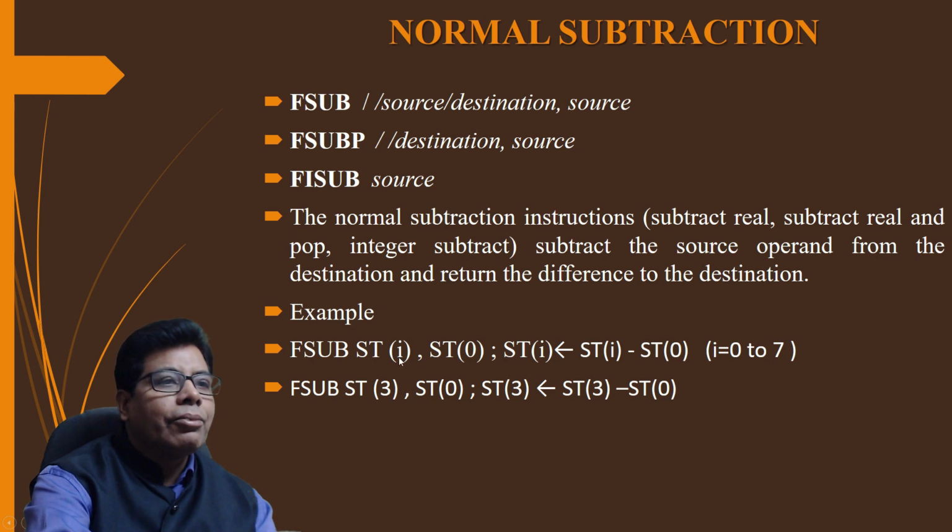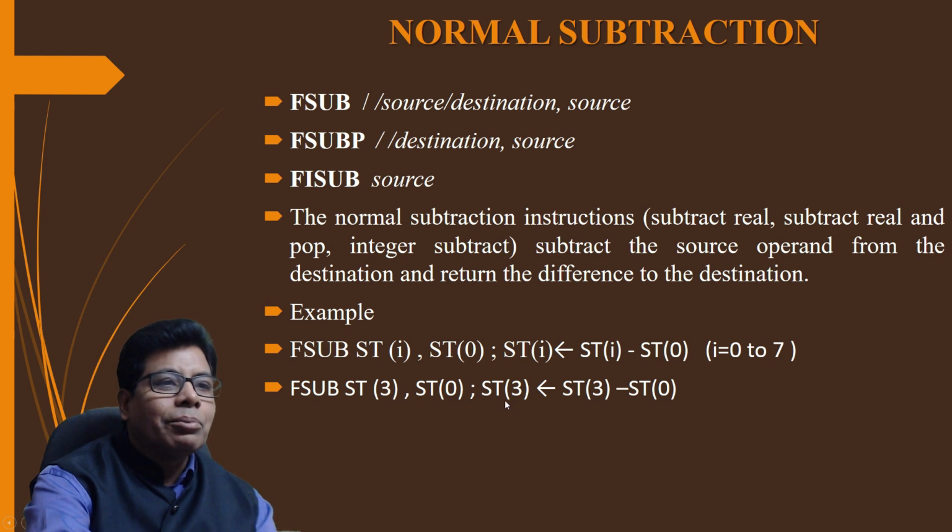Here we have taken the index I, so I will be from 0 to 7. So destination minus source and the result is stored in the destination STI. In a particular example, FSUB ST3, ST0: ST3 minus ST0 and the result is stored in ST3.